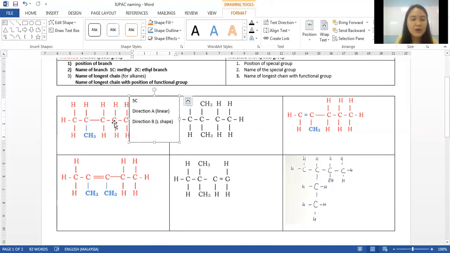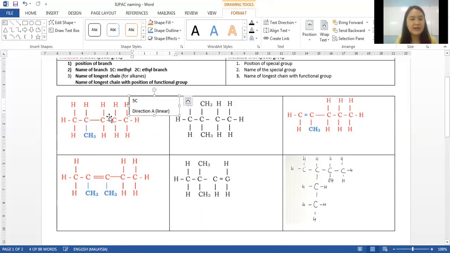Now, how about if I go L shape? This is my longest chain, and anything outside is my branch. So your branch is at position 2, the same as direction A, linear. In this case, you can choose either one to read your molecule. For me, I will prefer direction A, linear.